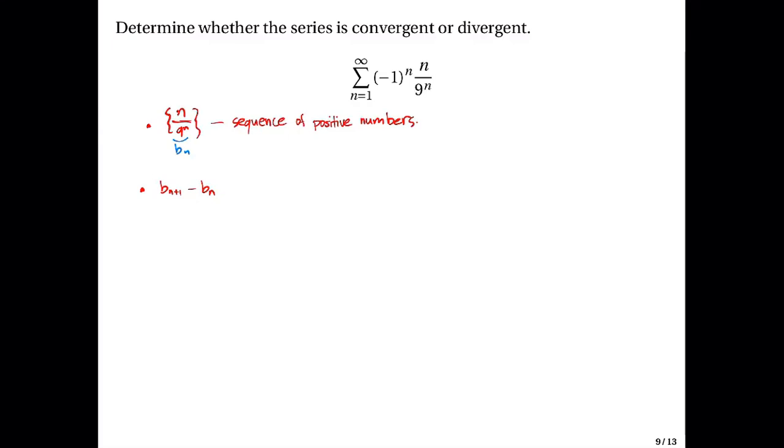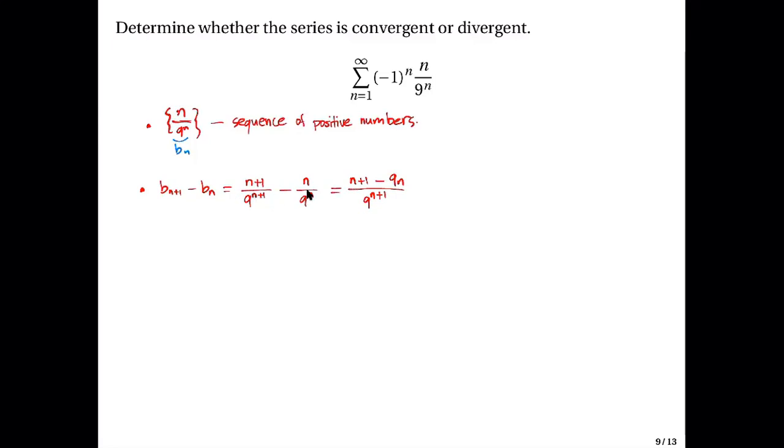Pero, let's plug in n plus 1, you will have n plus 1 divided by 9 to the n plus 1, and then minus n over 9 to the n. And then just combine this. What you will get is n plus 1 minus 9n divided by 9 raised to n plus 1.